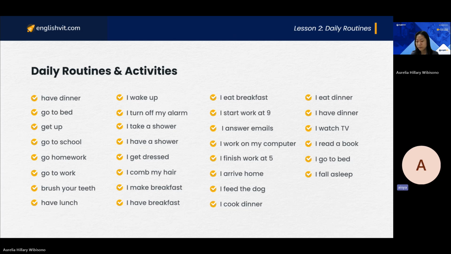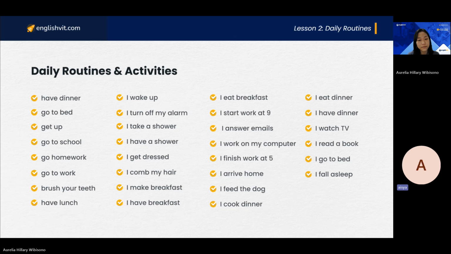Go to work, pergi kerja. Brush your teeth, gosok gigi. Have lunch, makan siang. I wake up, aku bangun. I turn off my alarm, aku mematikan alarm.